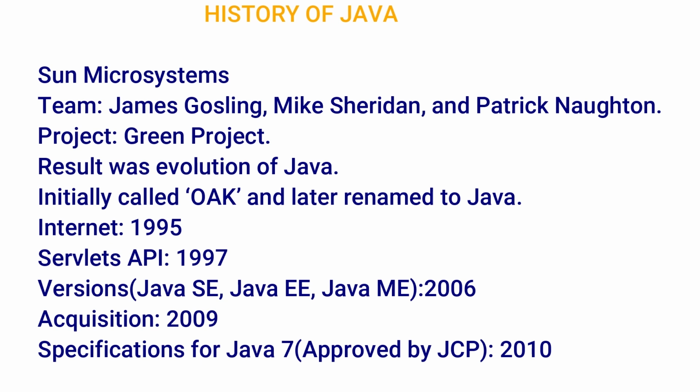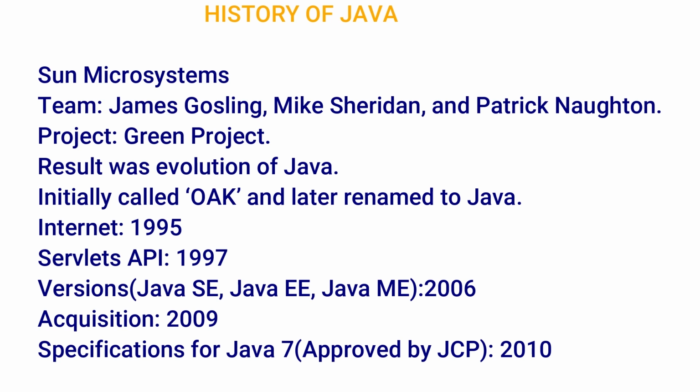Then in 1995, Java was moved to the next level, because in 1995 the internet and web were emerging worldwide, and Java was being used for different web technologies.